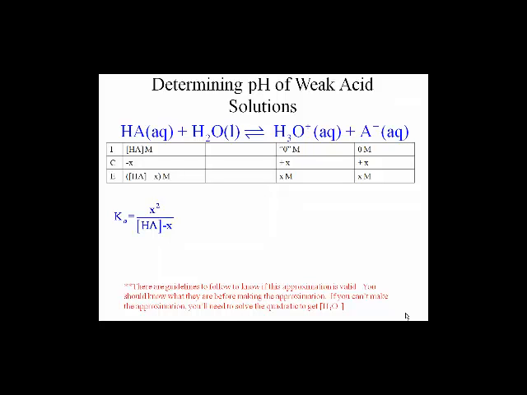But if you have a fairly small Ka with respect to the initial concentration of the conjugate acid, what you can often do is say that the value of X is going to be very, very small with respect to that initial concentration. So what we can say is if X is significantly less than the initial concentration of the conjugate acid, then the difference between the two is approximately going to be equal to the original concentration of the conjugate acid.